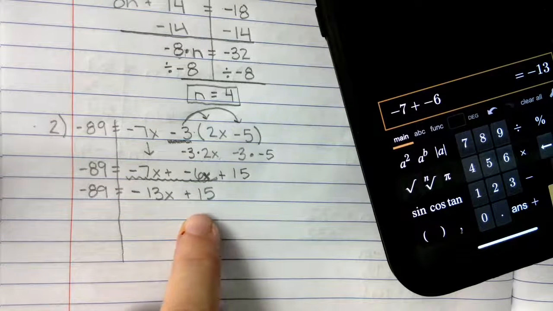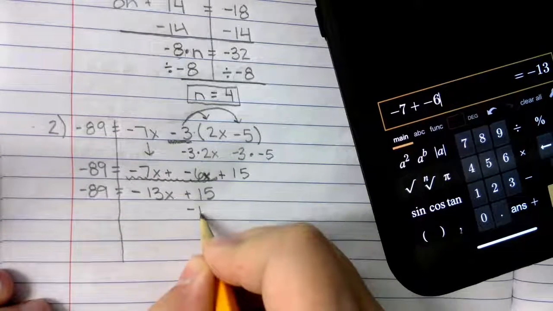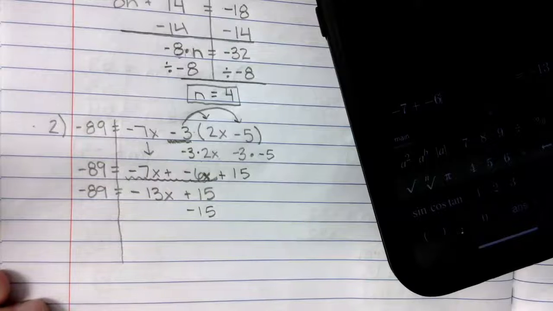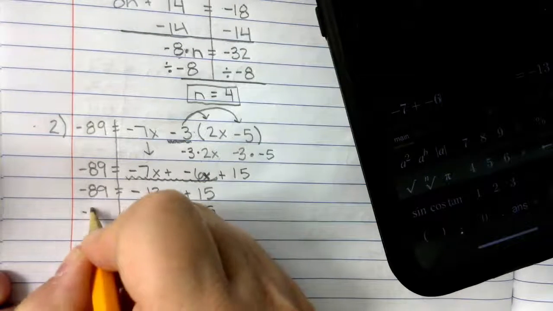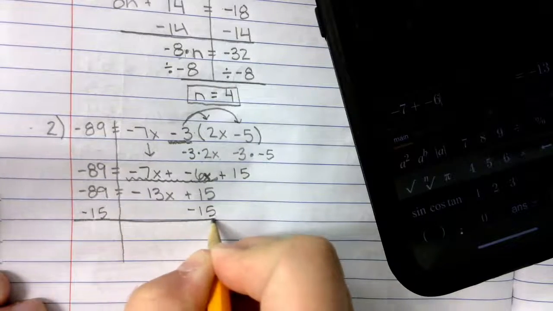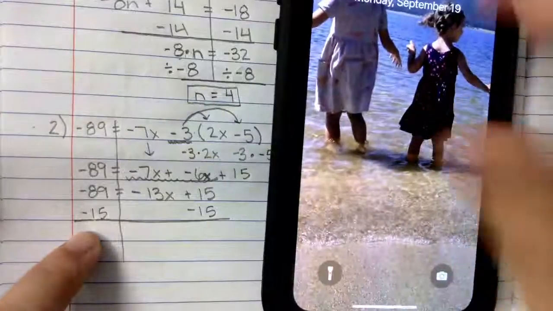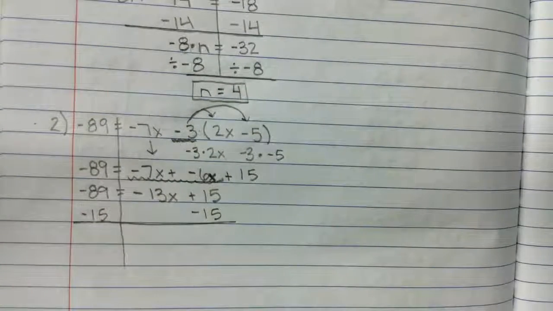So this is where I like to draw my horizontal line. That way it tells me I have math to do vertically. So vertically over here, we have negative 89 minus 15, or we could think of it as a plus negative 15. We get negative 104.